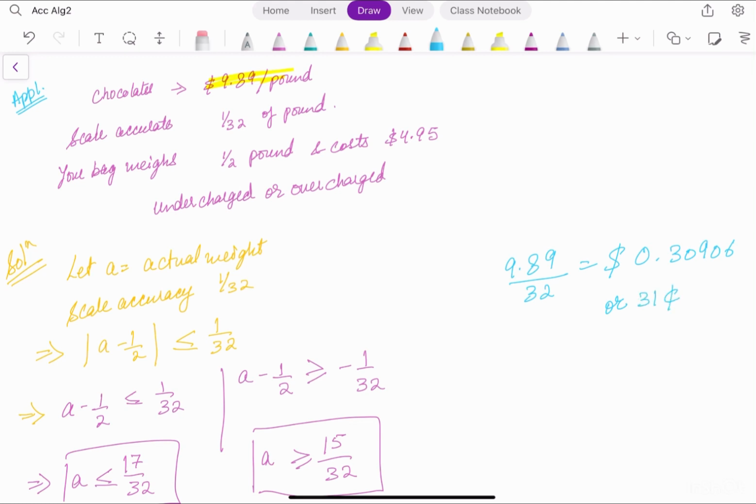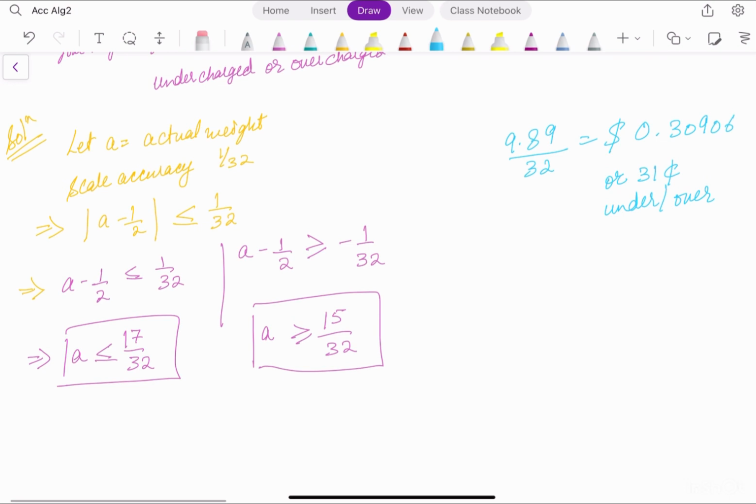Now, if I apply these 31 cents to these two scenarios, the weights we got with the inequality, I will get the two different prices. This will give you 5.25, and this will give you 4.64. So 4.64 is the undercharge, 5.25 is the overcharge we are looking for.